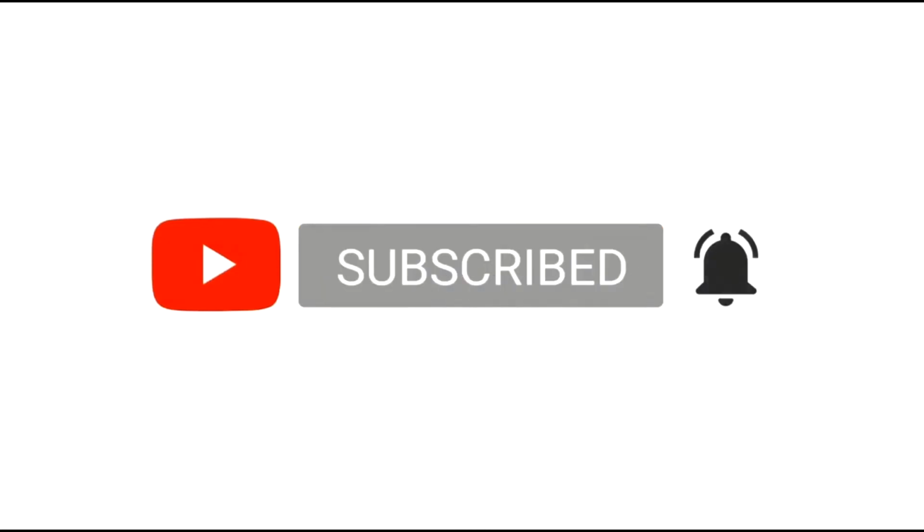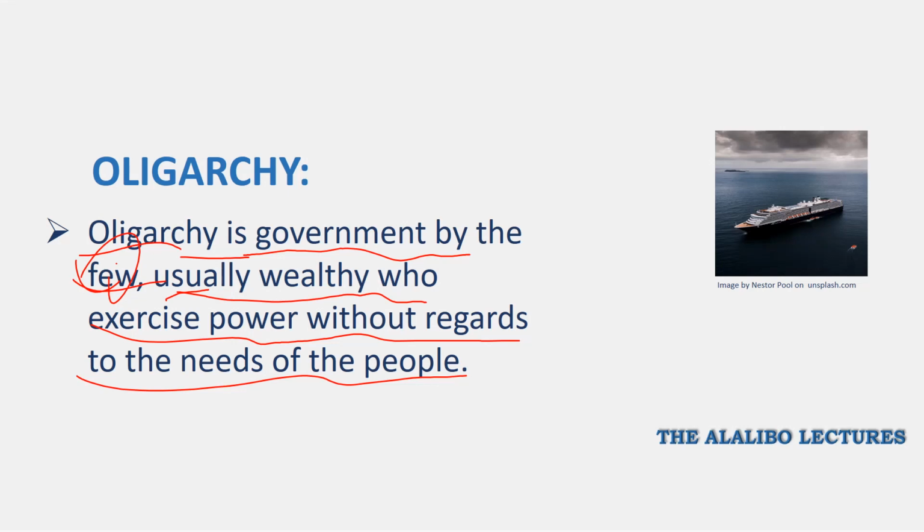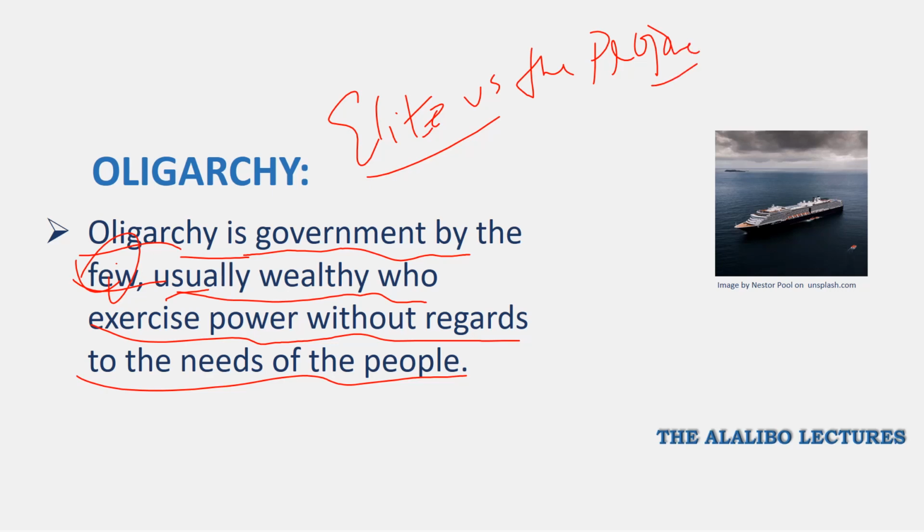This is significant because oligarchy is really not in the interest of the people, because the elite take advantage of the people, right? It's often the elite versus the people. The elite take advantage of the people. They're wealthy and they own the factories, they own the means of production.